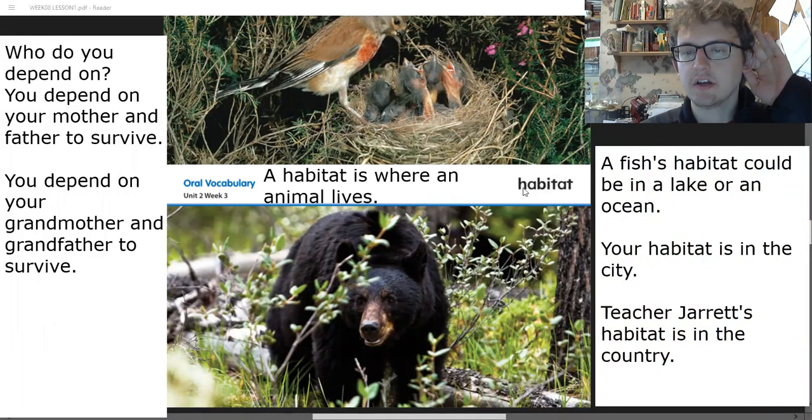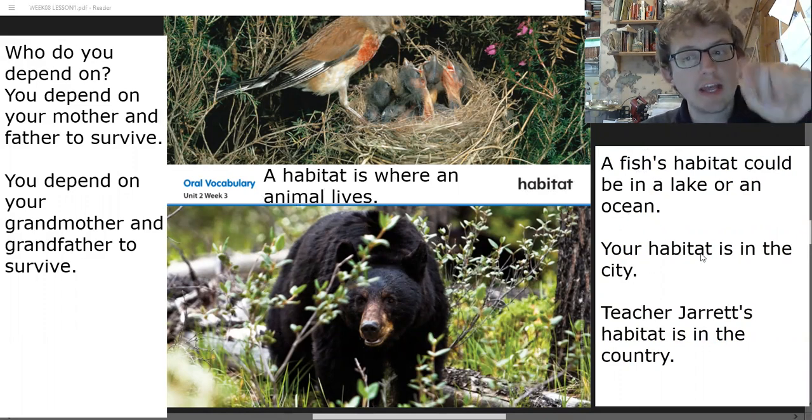Habitat, H-A-B-I-T-A-T. A habitat is where an animal lives. The bear's habitat is in the forest, right? A fish's habitat could be in a lake or an ocean.